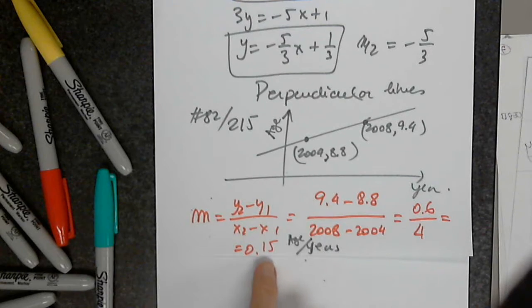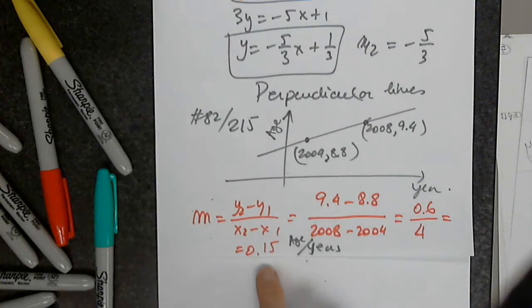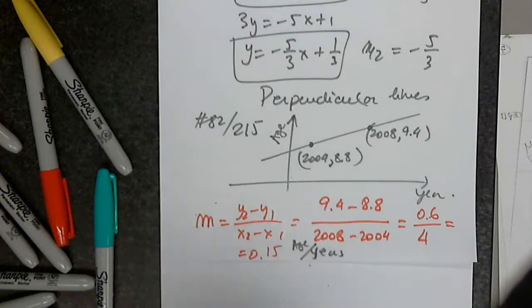In 10 years from now, if the trend continues, the people who will hold on to their cars will be 1.5 years older than they were today. That's what it means. Okay? Any questions? Any questions?